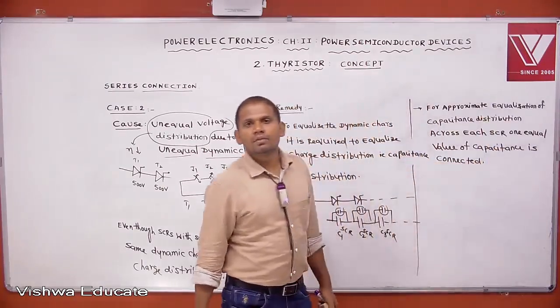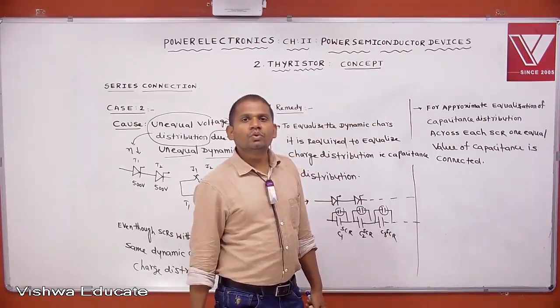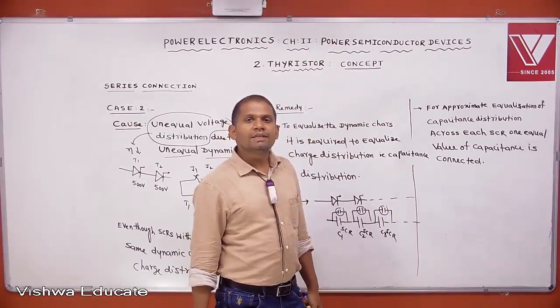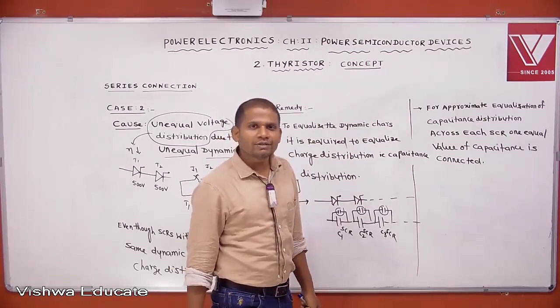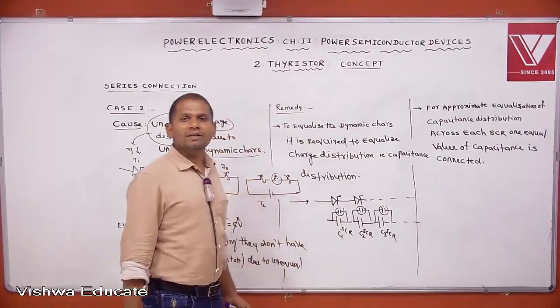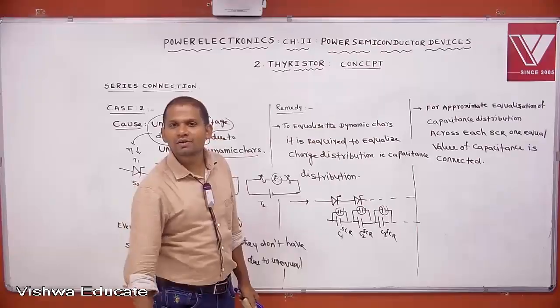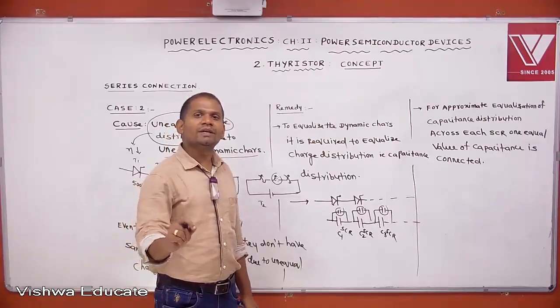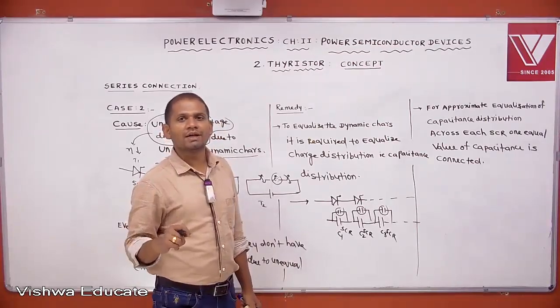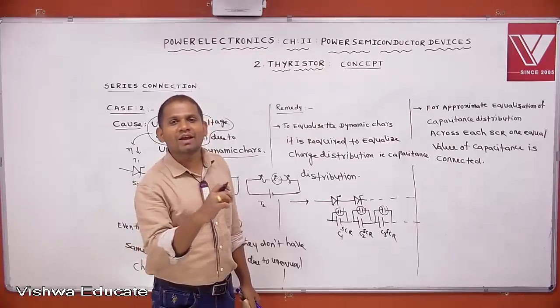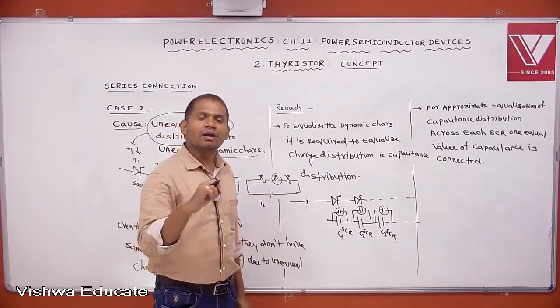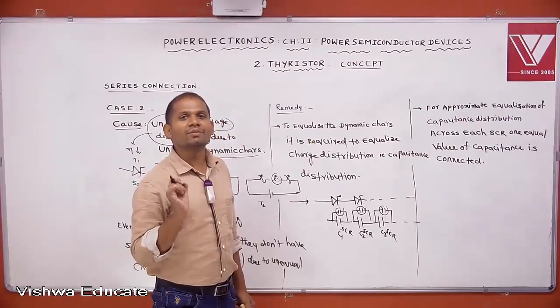But practically, don't connect a single capacitor. Whenever we connect a capacitor, in series with the capacitor we also connect a resistance, to limit the discharging current of the capacitor. This RC combination across the SCR is also called snubber circuit or dynamic equalizing circuit.